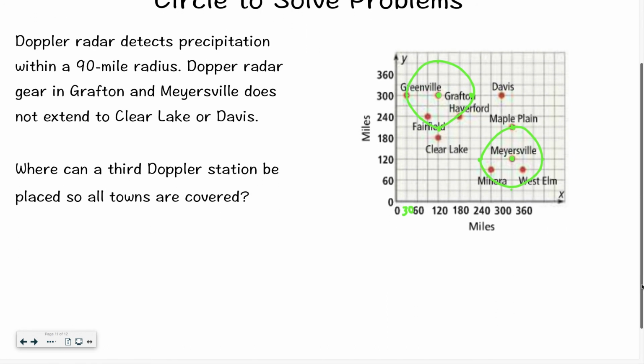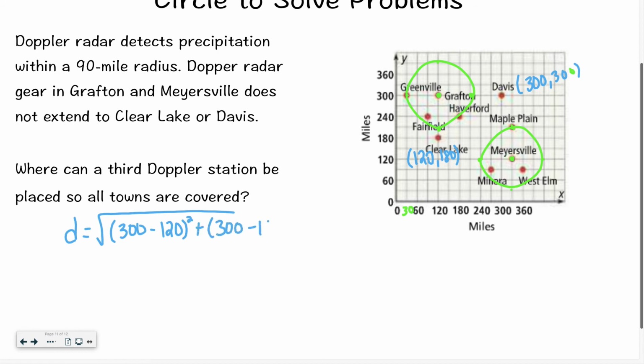So Clear Lake is located at (120, 180), and Davis is located at (300, 300). So let's do a quick distance formula between there. So we have d equals the square root of (300 minus 120) squared plus (300 minus 180) squared.